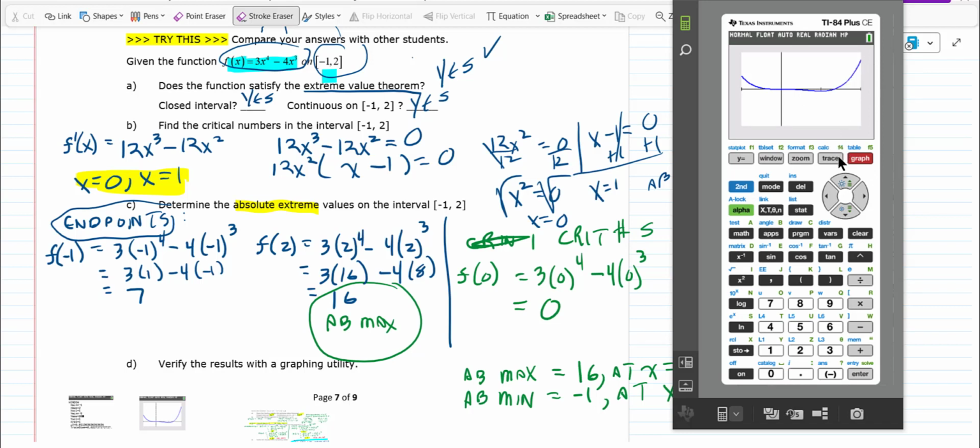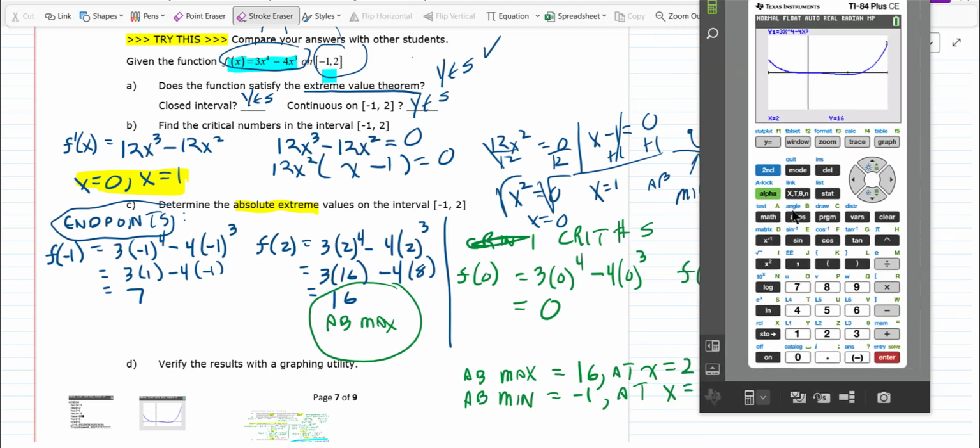So you could trace at 2, and that verifies that 16 is your absolute max. You could trace at, let's see, where did the min occur? The min occurred at negative 1. So you could also trace at negative 1. And then you can visually tell, hey, that's the absolute min.